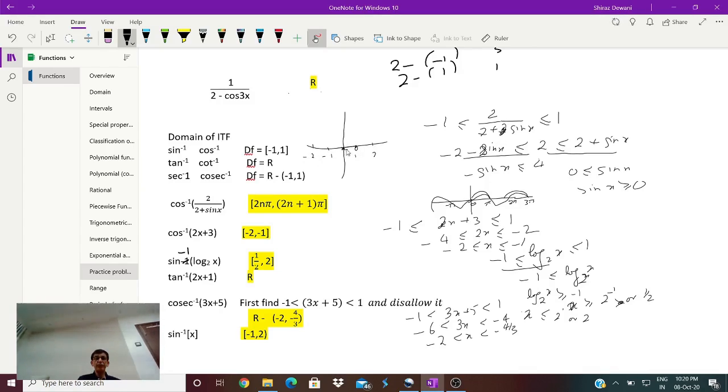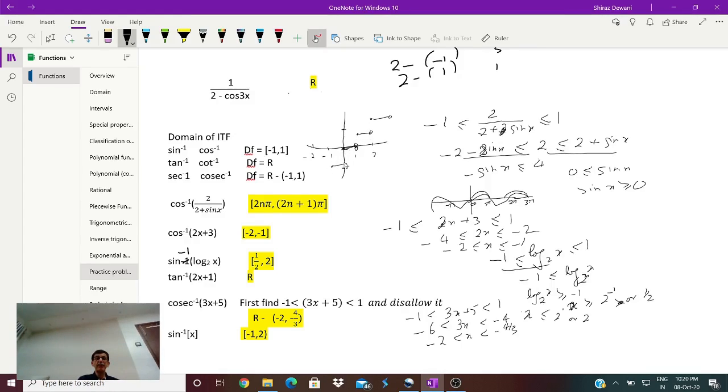So this is the graph of the greatest integer function. Now you want your output of this to be between minus 1 and 1. So your output should be anywhere between here and here. You do not want this output. So that means the x values that you will be including would be from this, this and this.